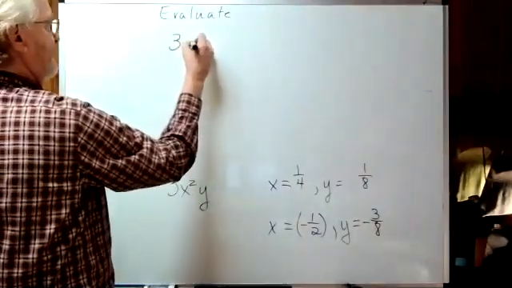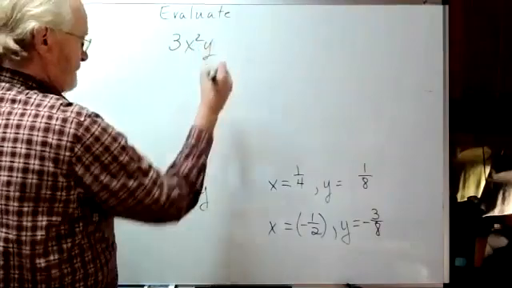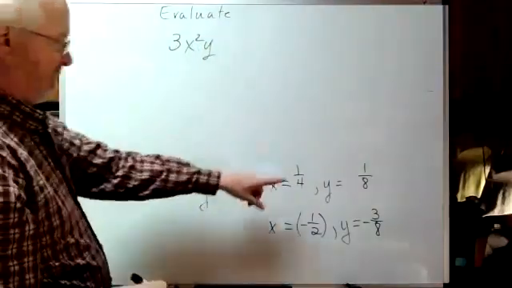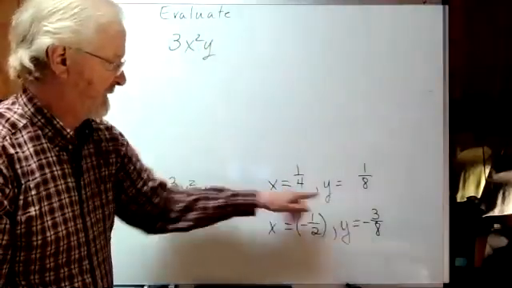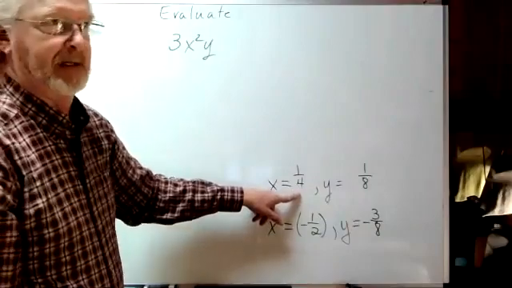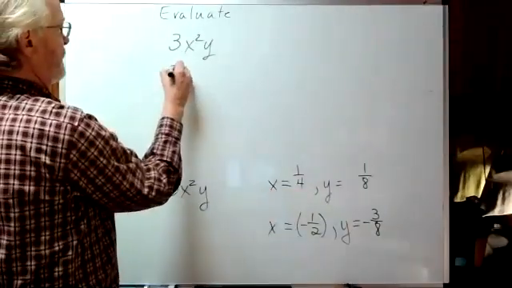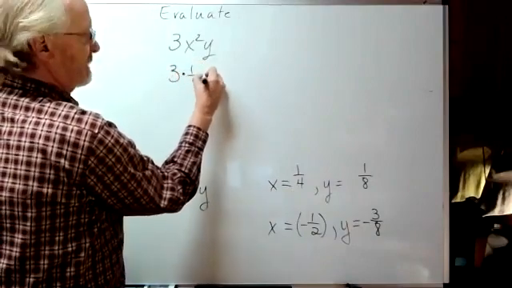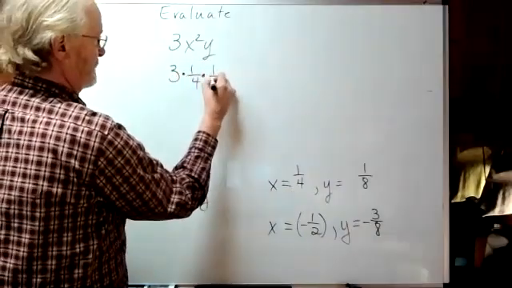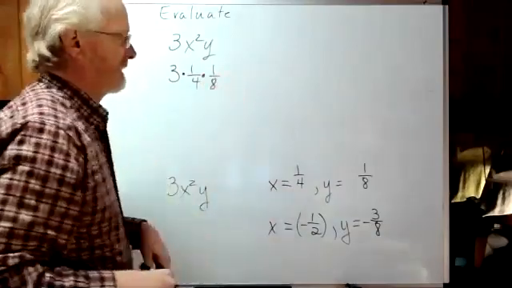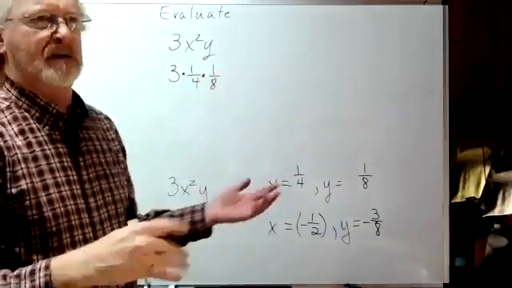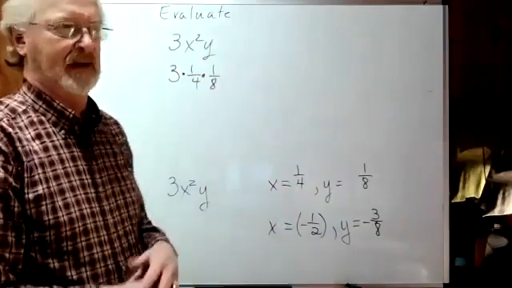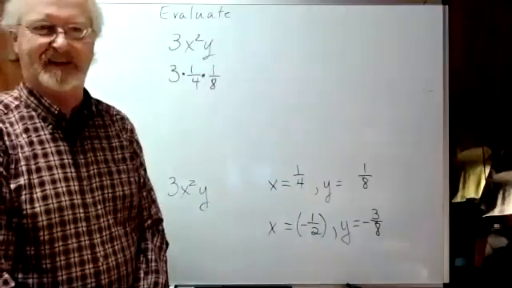3x squared. Y, I'm going to plug in, first of all, let's do, oh yeah, I did 2 different versions, right? If I make x a 1/4. 3 times 1/4 times 1/8. Remember, I was making this up thinking, oh, let's make the numbers work out pretty nice for common denominators. I don't need any common denominators, do I?